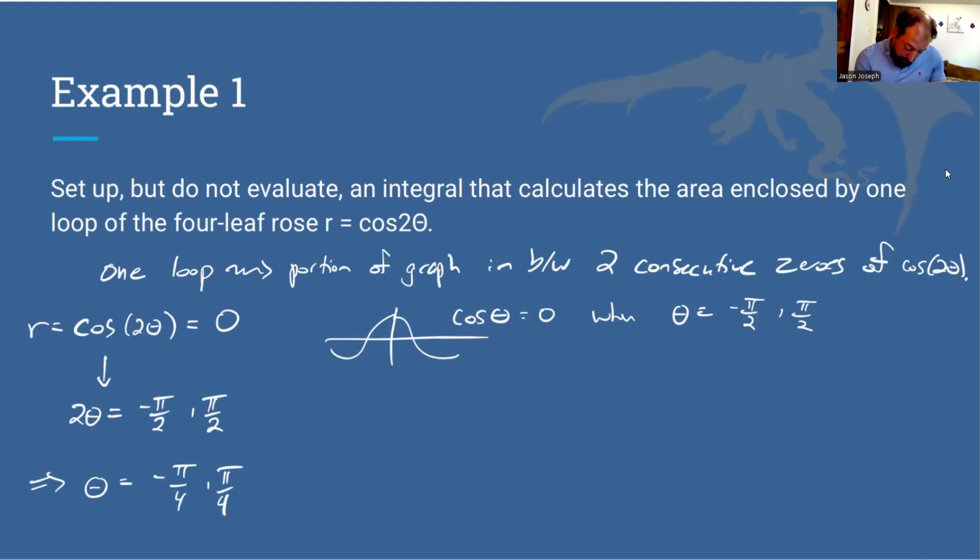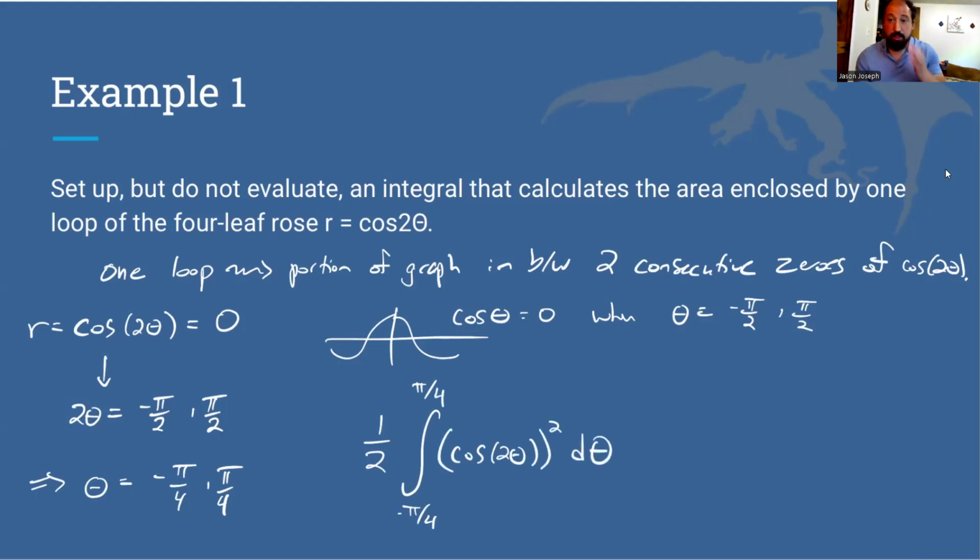So my integral is going to be 1/2, don't forget the 1/2, from minus pi over 4 to pi over 4. And I just take my r function, cosine of 2 theta, and square it, d theta. So that's it.